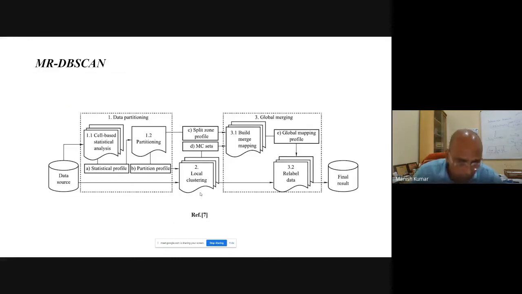This is what we have as MapReduce DBScan. This particular figure shows how DBScan can be used with the MapReduce framework in terms of processing big data, or huge data.